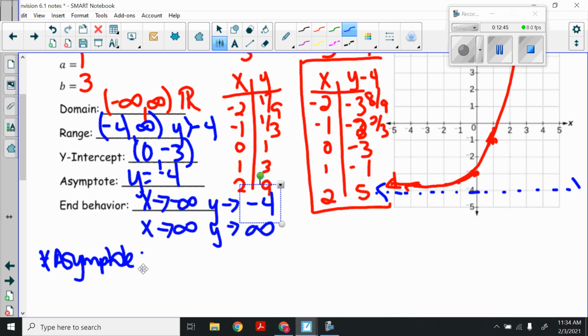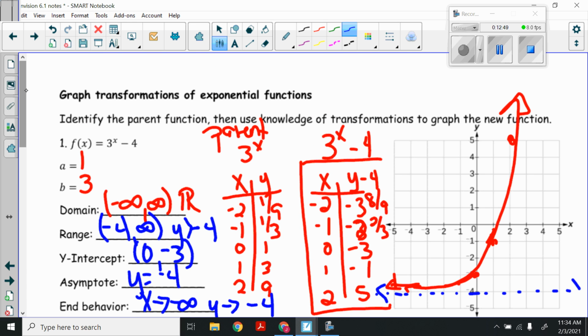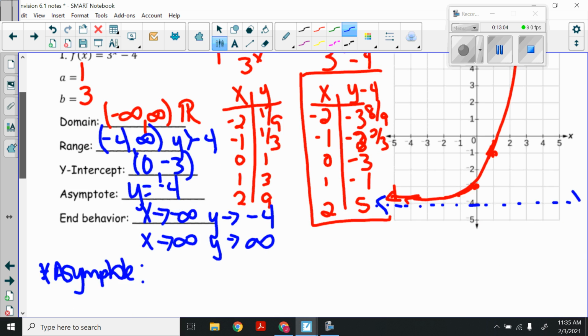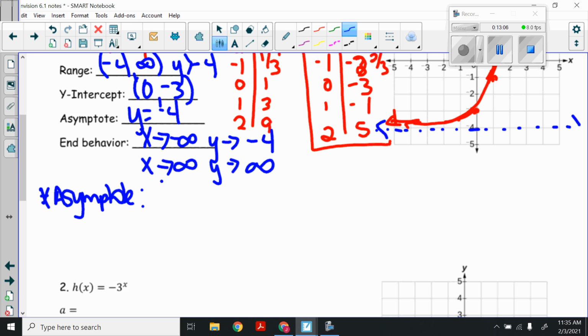So the asymptote became what was being subtracted, right? And remember from our formulas, we could have y equals a b to the x minus h, all of that plus k. So we would still have our a, our h, and our k in these transformations. So our asymptote becomes y equals k.